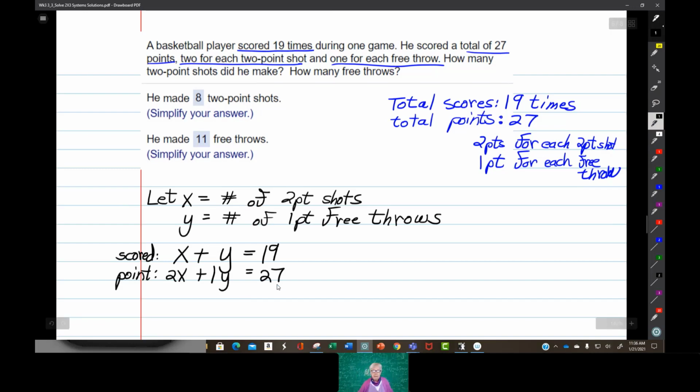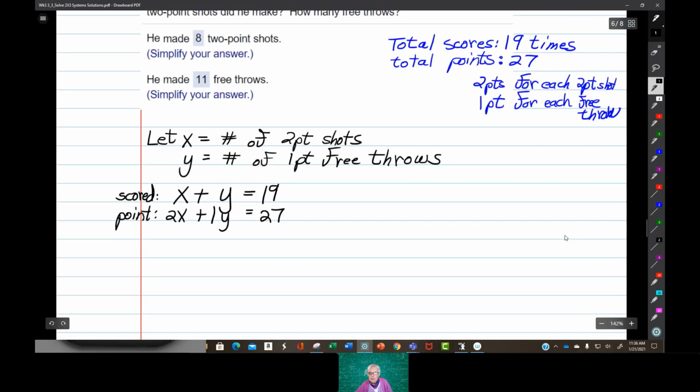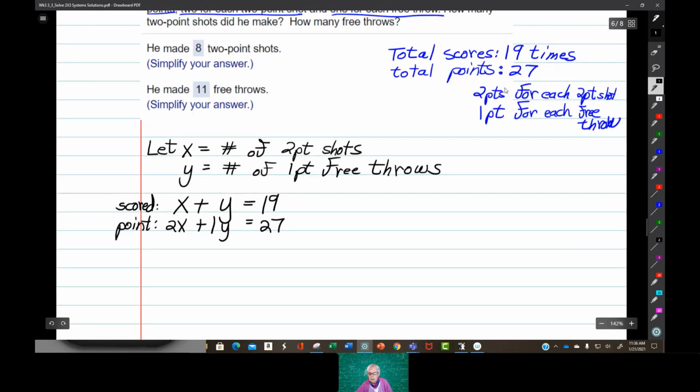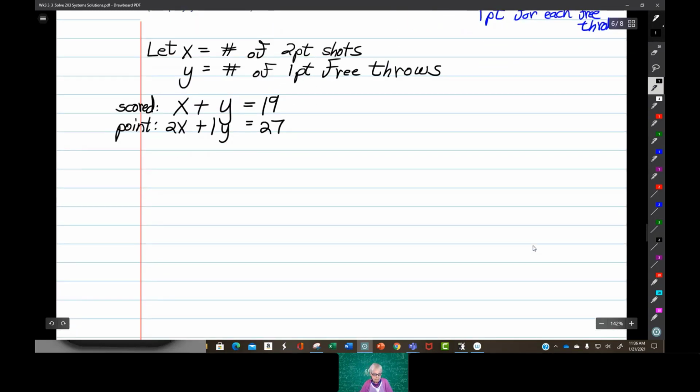Yeah, okay, I was making it too hard. 2 for each 2-pointer, and 1 for each 1-pointer, which are free throws. So this is all we need right here, based on the amount of information given. I was adding this in thinking, do I have to have another row? No. Okay.